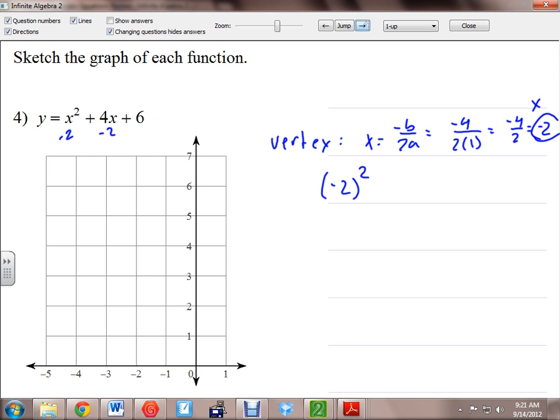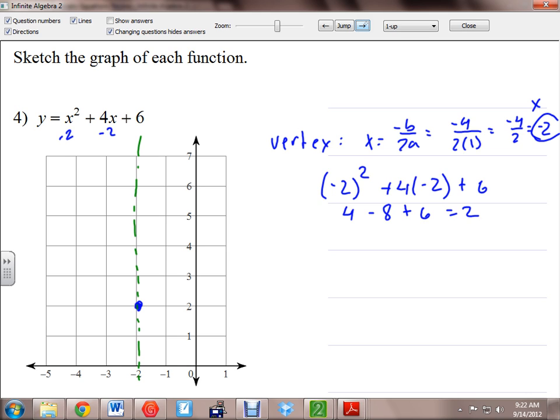It is a negative 2 squared, not a negative 2 squared. Make sure you put that in parentheses. Plus 4 times negative 2 plus 6. Now negative 2 squared is a positive 4, so be careful with that. Minus 8 plus 6, 4 minus 8 is negative 4, plus 6 is 2. And so my vertex is located at (-2, 2), which means that my axis of symmetry is going straight up and down through your vertex.